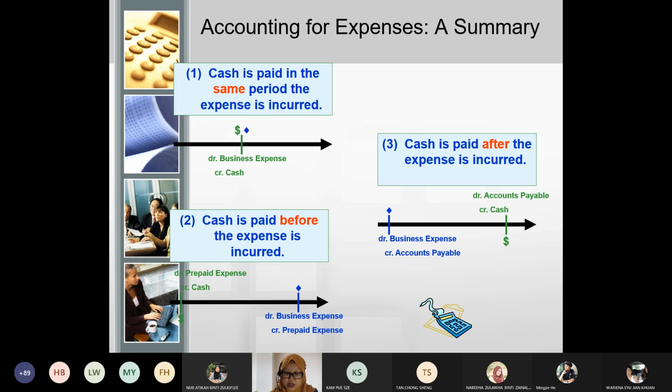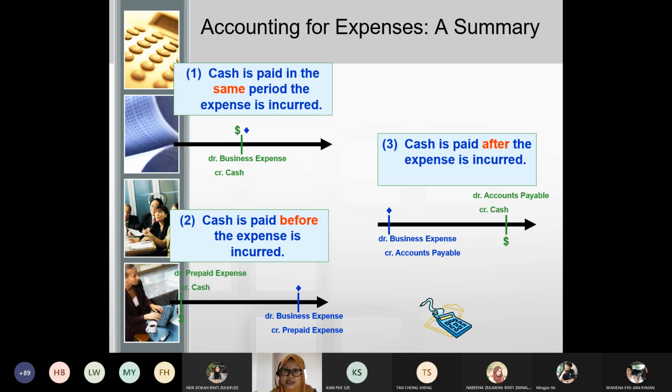Why prepaid expenses? Because the expense is not incurred yet, and you pay in advance. So it will be prepaid expenses, and the cash has to be credited because you already paid it. Later, when the expense is incurred, the journal entry is you debit the expense account and credit prepaid expenses.